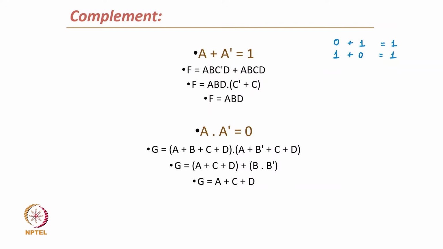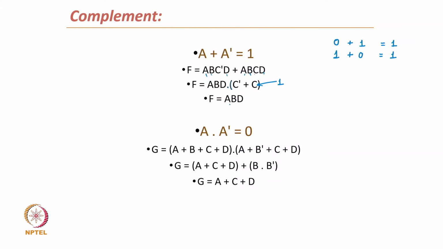So, this function ABC dash D plus ABCD, if we take A, B and D common, then C dash plus C comes inside the parenthesis, and C added with its own negation is actually 1.